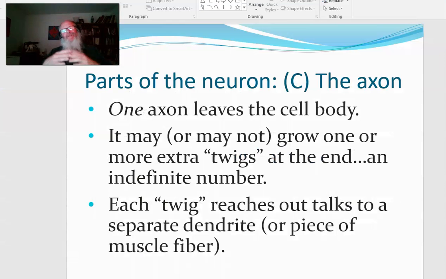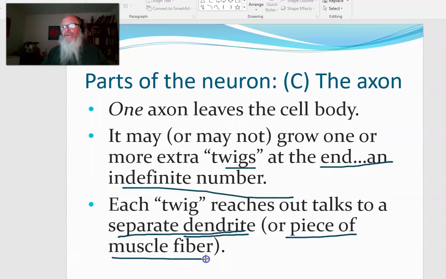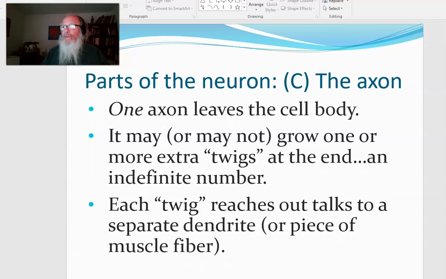And as a generalization about neurons in general, any given axon, even though only one leaves the cell body, can grow an indefinite number of branches, twigs at the end. And each of those twigs reaches out to talk to either a separate dendrite on another neuron, or if we're talking about the neurons that give instructions for our muscles to move, a piece of muscle fiber.